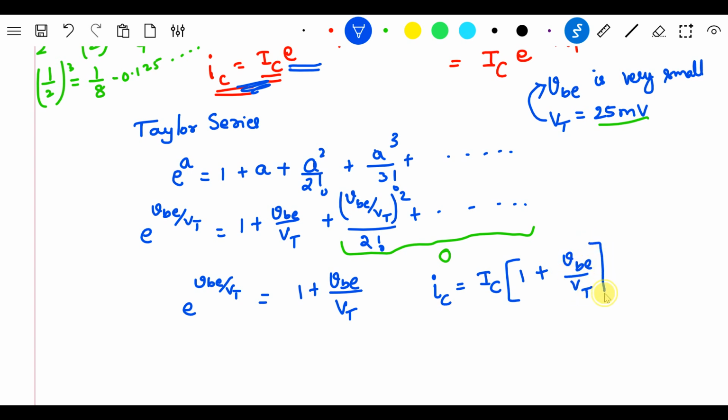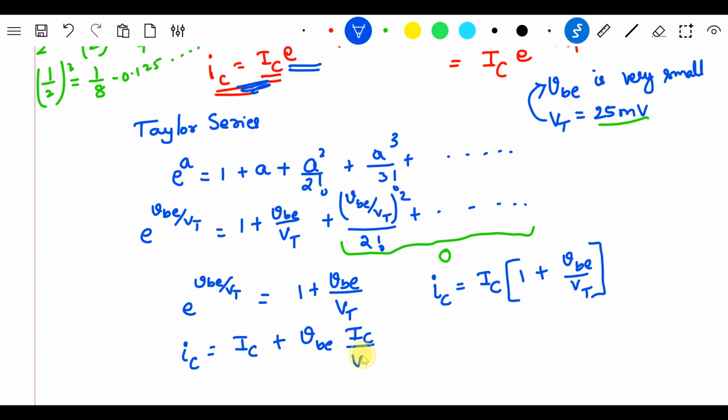Therefore, your instantaneous current IC is now equal to IC plus small VBE into IC by Vt.